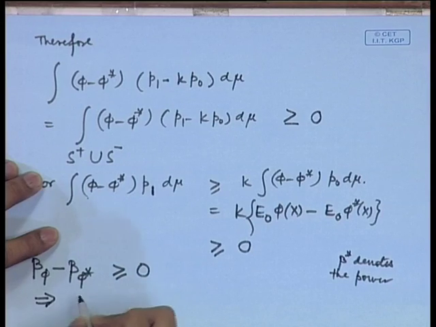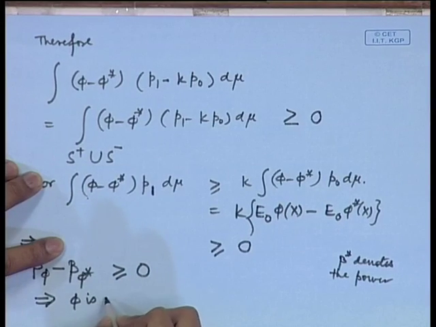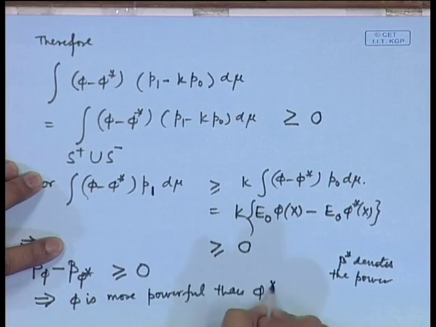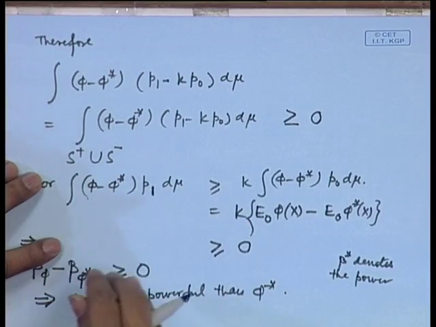This means that phi is more powerful than phi star. Now, in this we started with a test function phi which satisfies conditions 1 and 2. That means, it has size alpha, and phi star we took to be any other test function having size less than or equal to alpha, so the equal to alpha case is also covered. And then we are able to prove that the power of phi is more than or equal to the power of phi star.